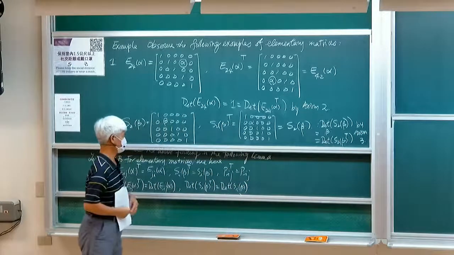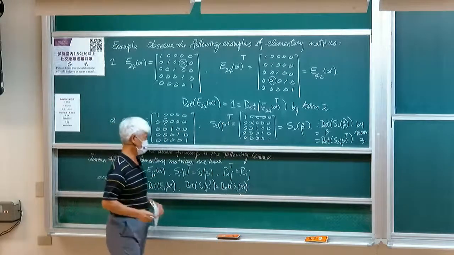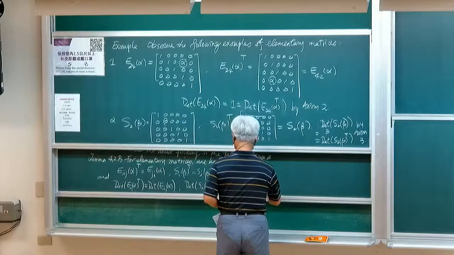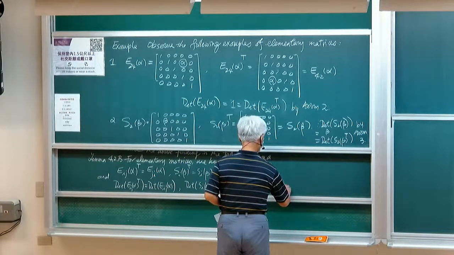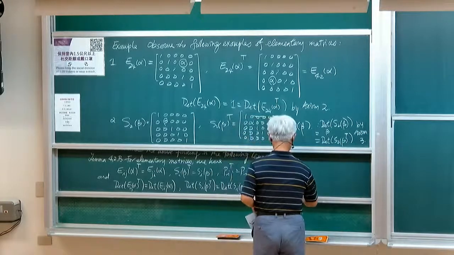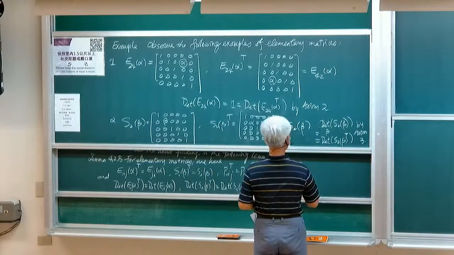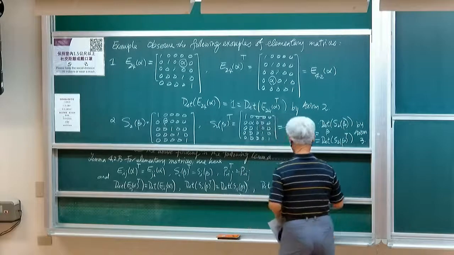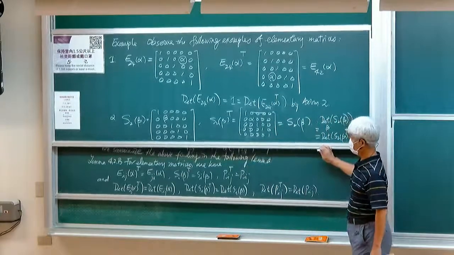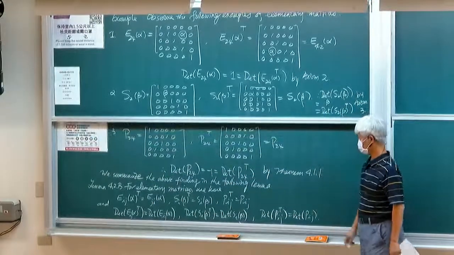Okay, so they will not change the value, and the determinant of P_ij transpose is equal to the determinant of P_ij. Okay, so we have this lemma here.